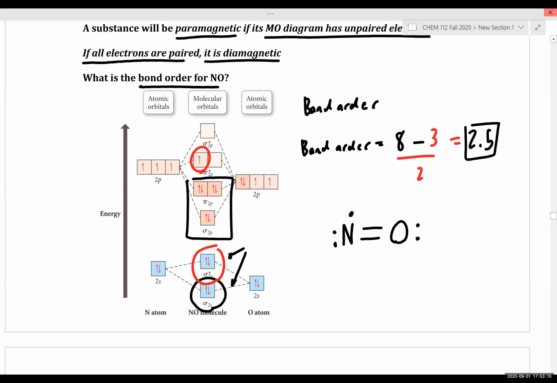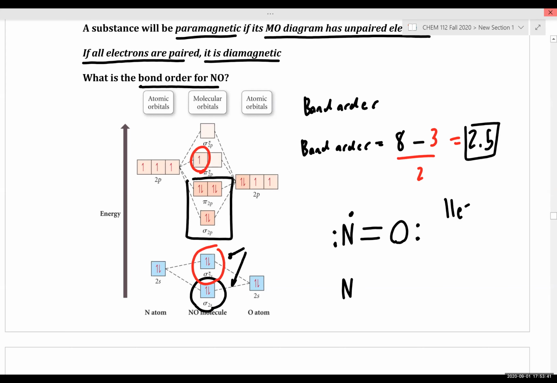So when you end up with these bond orders that don't match a whole number, it's often very tricky for your Lewis structure. So this is an 11 electron Lewis structure. It's very hard for your Lewis structure to accurately describe the chemical bonding pattern in your molecule.